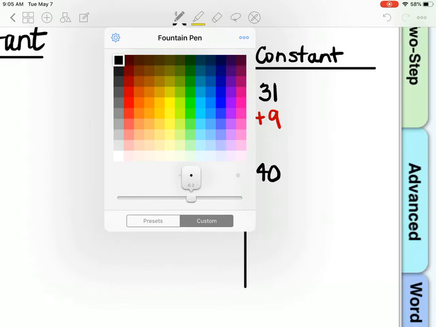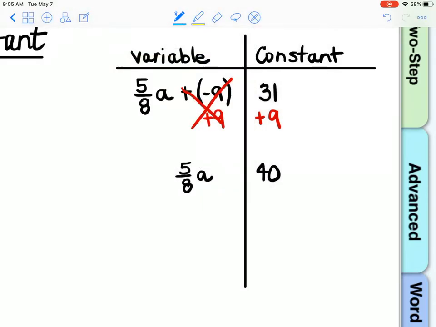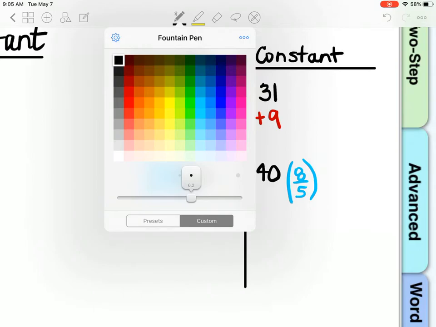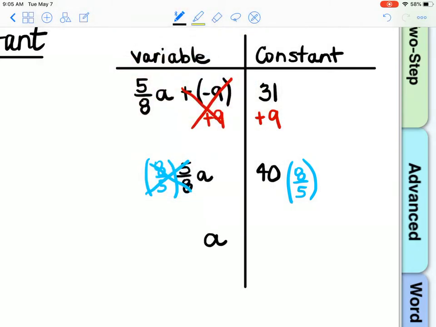Then I need to move the fraction over to the constants team. So reciprocal, do it to both sides, cancel, a equals 40 times 8/5. 40 times 8 over 5 equals 64.